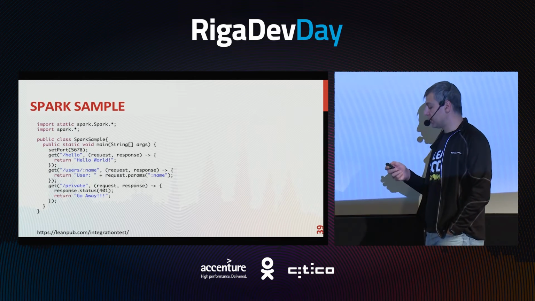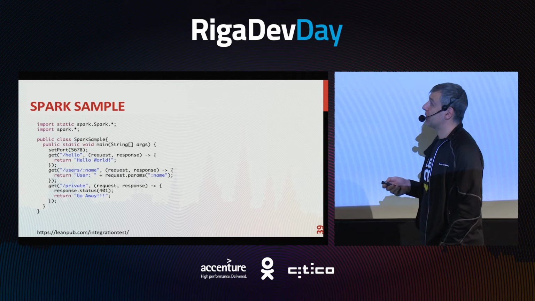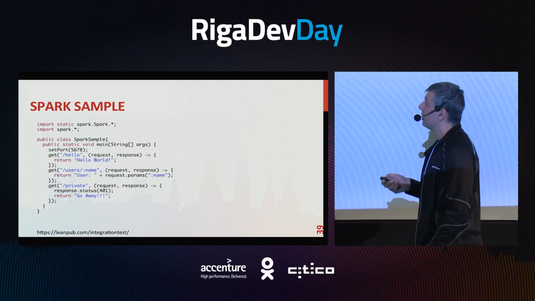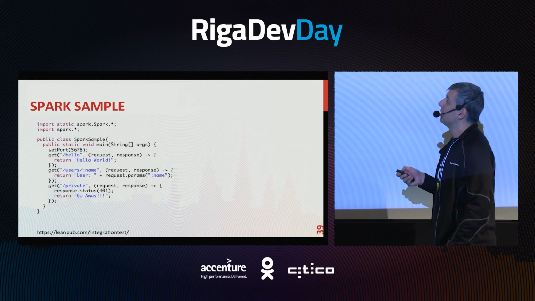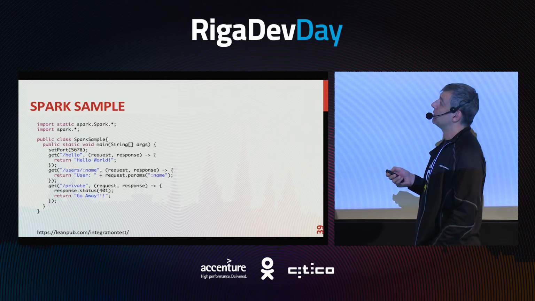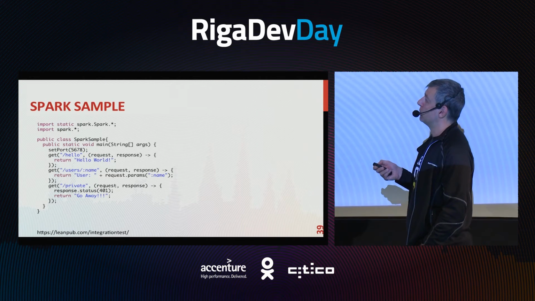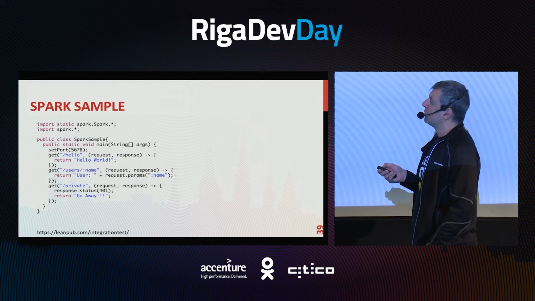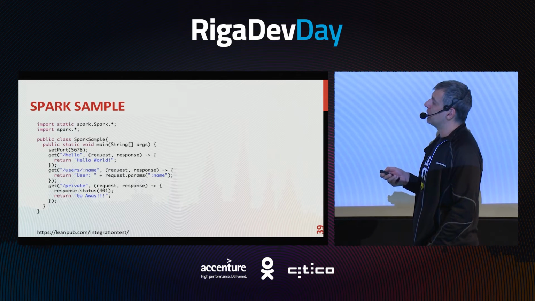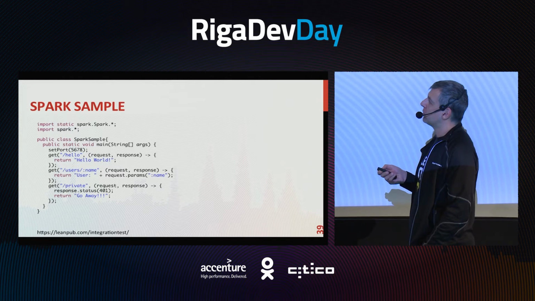So here you can see a snippet of a Spark application. We set the port. This can be set to whatever you want, and you can see that the DSL is quite easy to read. When I receive the request hello, then I will return a string.